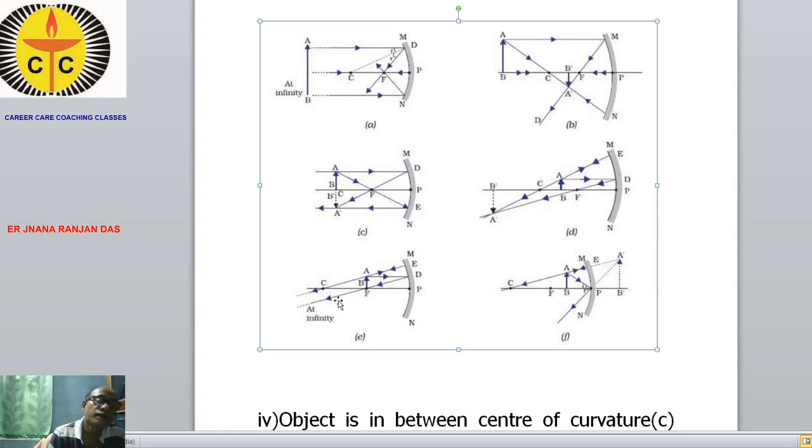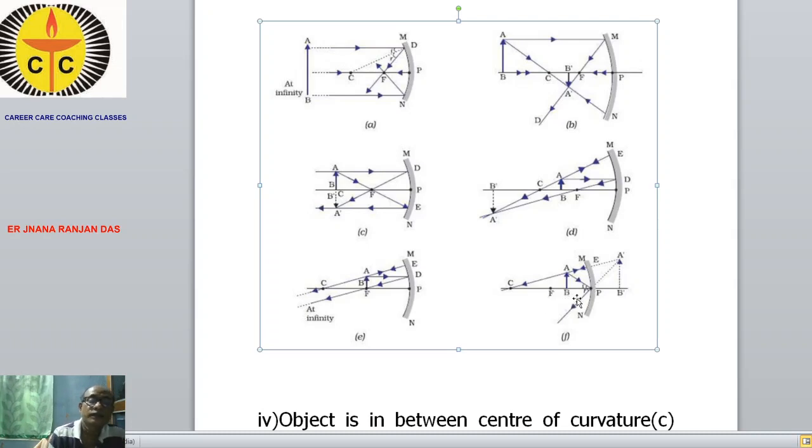Parallel rays can never meet each other, so the image is formed at infinity and is very large. So this is the last case.